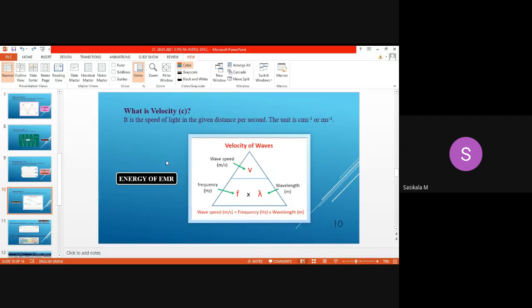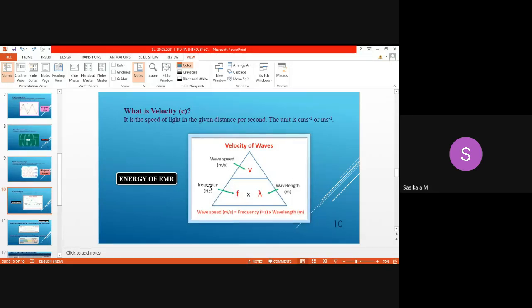And for the energy of electromagnetic radiation, this velocity is composed of frequency and wavelength. It is the product of frequency and wavelength, since it represents distance and time, giving the unit meter per second. So wave speed, in meter per second, is equal to frequency times wavelength.